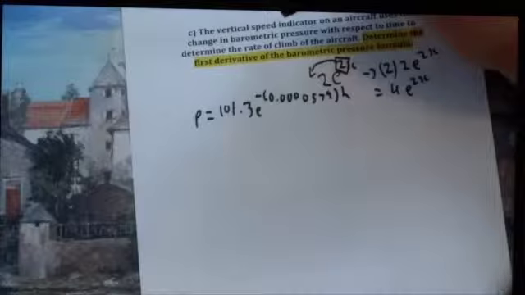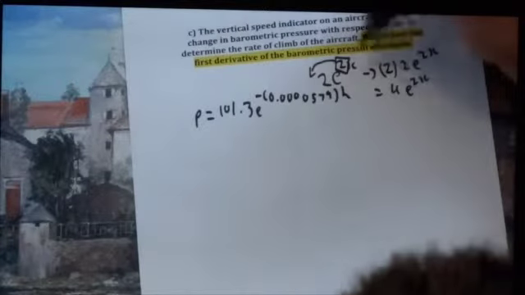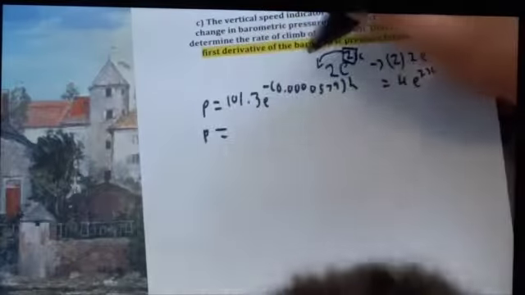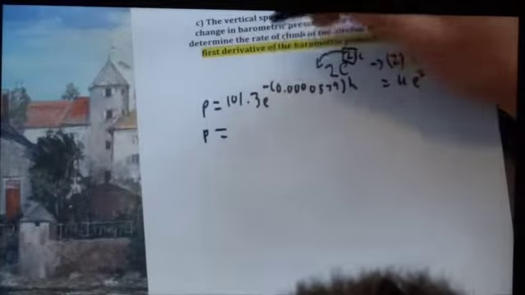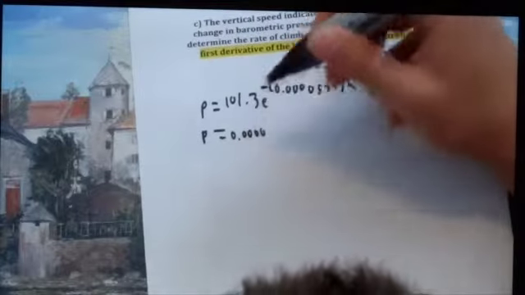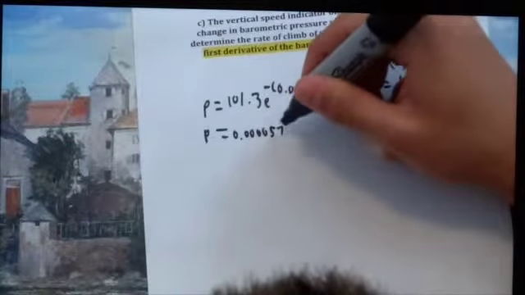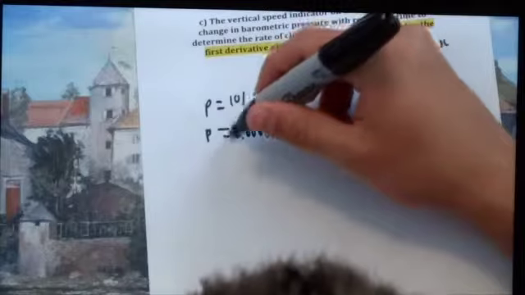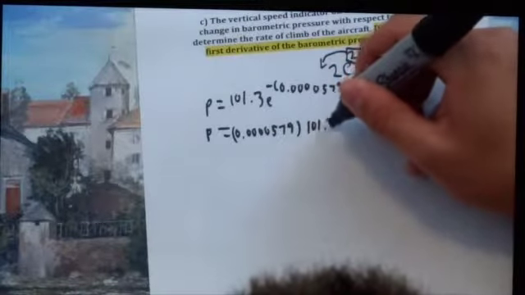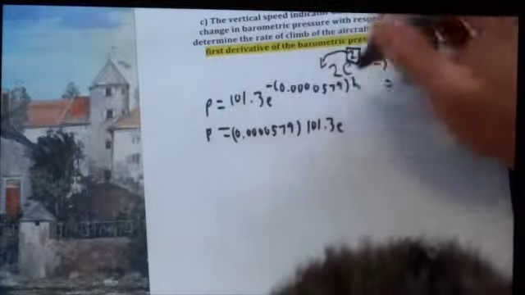Our first step, like I just showed you over here, is we're going to bring down everything here in the bracket. So this big number is going to be 0.0000579 times 101.3e, and then we keep this all up here.